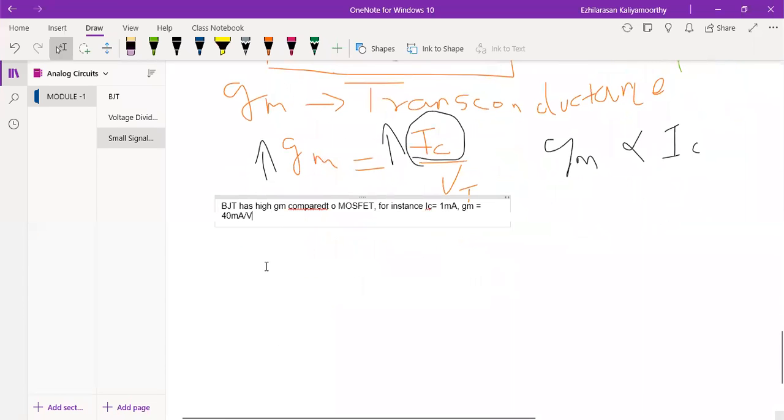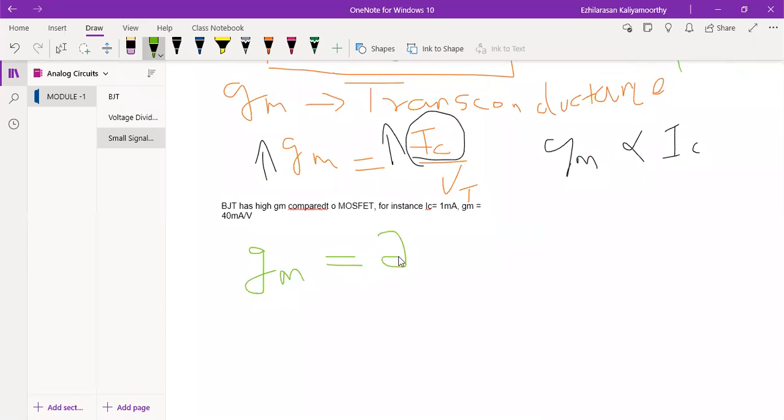Now from this there is a relation: I can rewrite this, gm is equal to dou ic divided by dou vbe, where the small AC quantity ic is equal to capital IC.